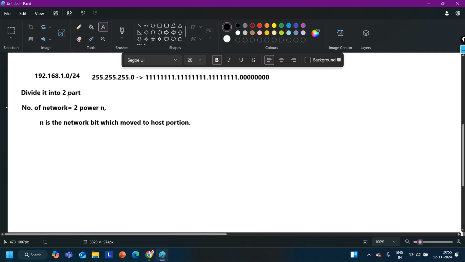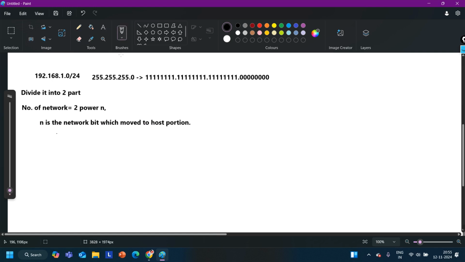So if I need two networks, then 2 to the power n is greater than or equal to 2, which means the n value should be 1. I need to borrow one bit, I need to turn on one bit.